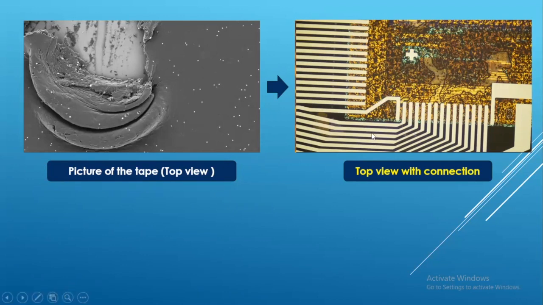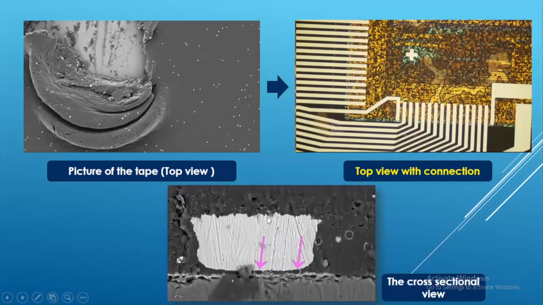If we see a zoomed picture, then we can see this is a cross-sectional view. This part is the contact through your stripe. These are the contacts. You can see this white part is this contact. These spheres are crushed between the bottom contact of the LCD panel and the top contact from the ribbon.